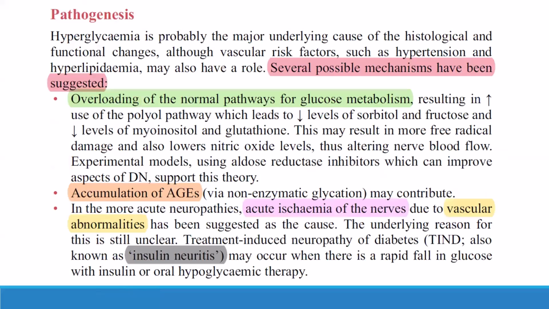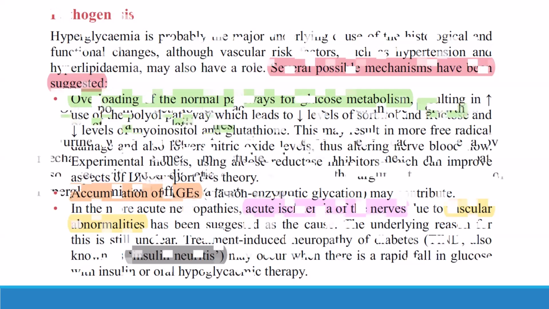Several possible mechanisms have been suggested, related to accumulation of AGEs, acute ischemia of the nerve causing vascular abnormality, and if we initiate insulin recently, it can cause insulin neuritis, which will aggravate peripheral neuropathy.